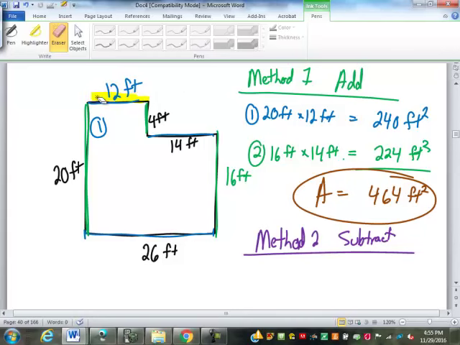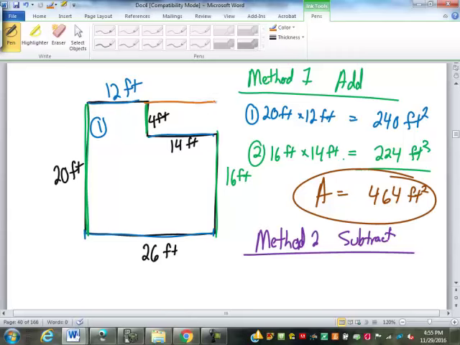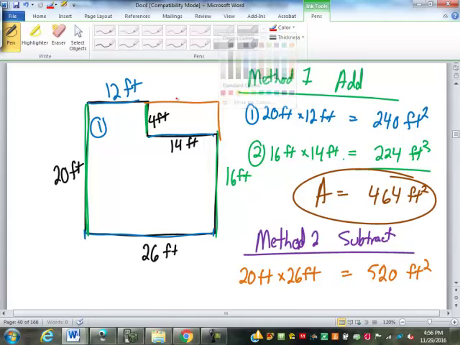So what I mean by that is this. I'm going to expand this out like that. So now what I have is a large rectangle that's 20 feet by 26 feet. It would multiply up to be 520 square feet. But it's missing this little rectangle in the corner here.